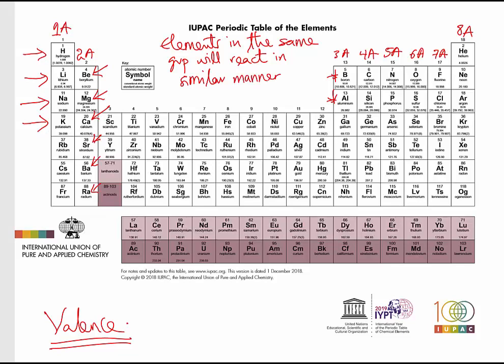The reason is because they have the same number of valence electrons, which means boron, aluminum, gallium, indium, thallium, and nihonium will all have 3 electrons in their valence because they belong to group 3A, and they will have similar chemical reactions. And the same thing goes for all the other groups.